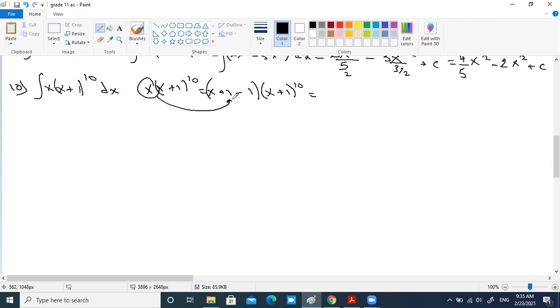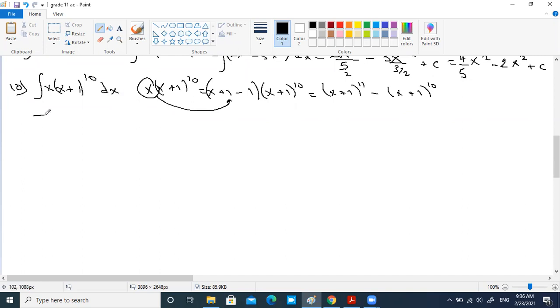Because when you expand (x plus 1) into (x plus 1) to the power 10, you get (x plus 1) to the power 11. So it is equal to (x plus 1) to the power 11 minus 1 times (x plus 1) to the power 10, which is (x plus 1) to the power 10. Here without using substitution, without using anything.